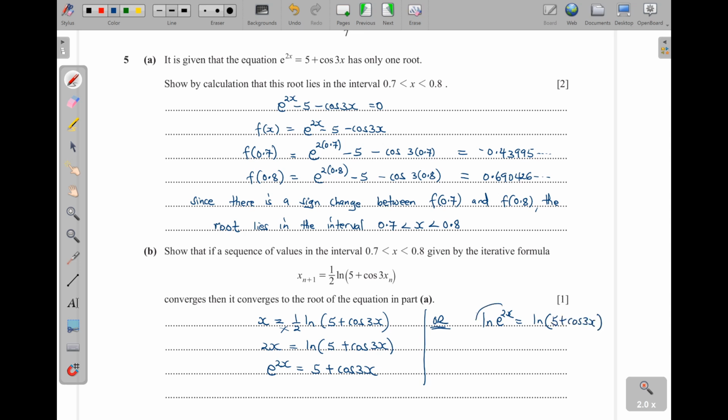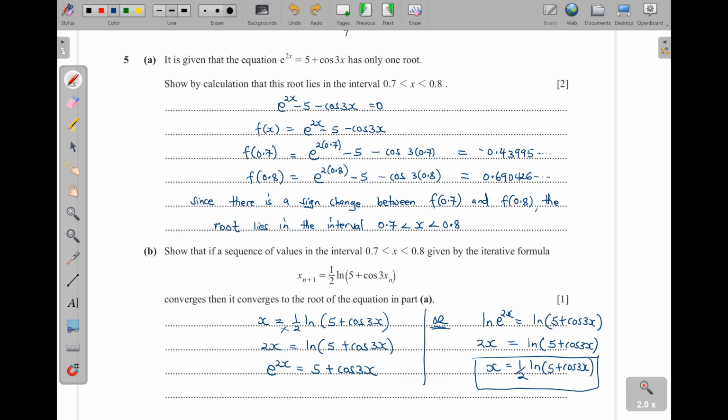Using the rules of logarithms, this one can come down here. Then we shall have 2x, then natural log of e, which is 1, then will be equal to the natural log of 5, then plus cos of 3 of x. And then we can divide all through by 2, so meaning x is going to be a half, the natural log of 5, then plus cosine of 3 of x. So you see that what we have gotten out here is what is given here, okay?